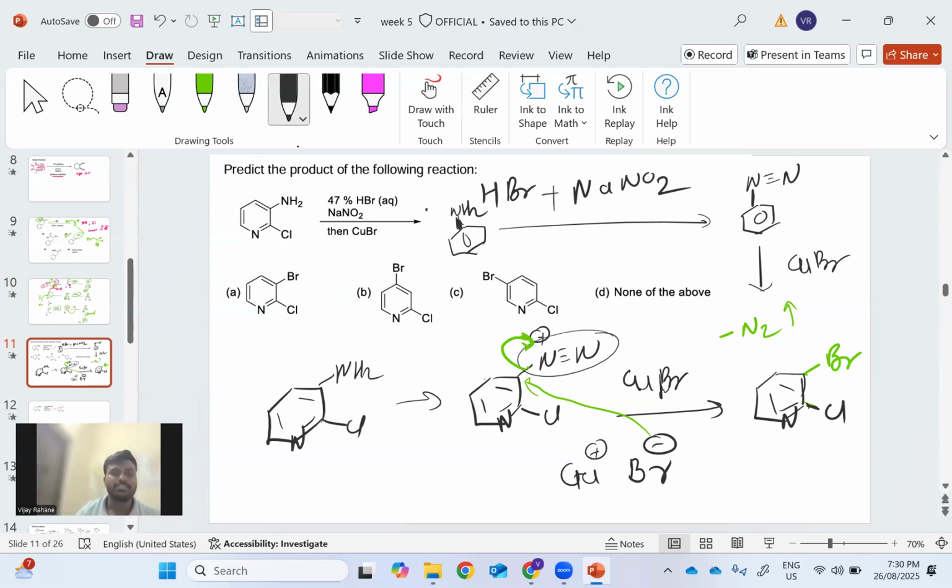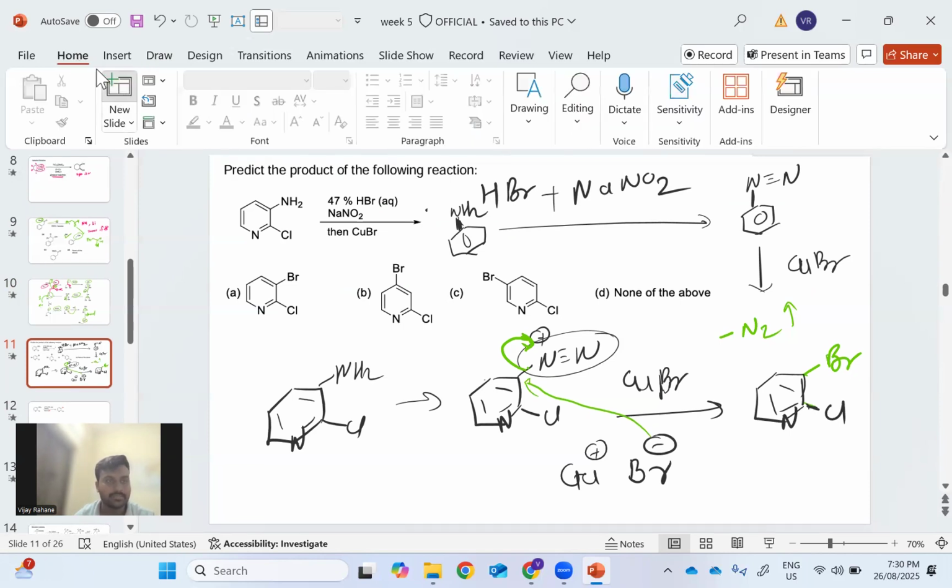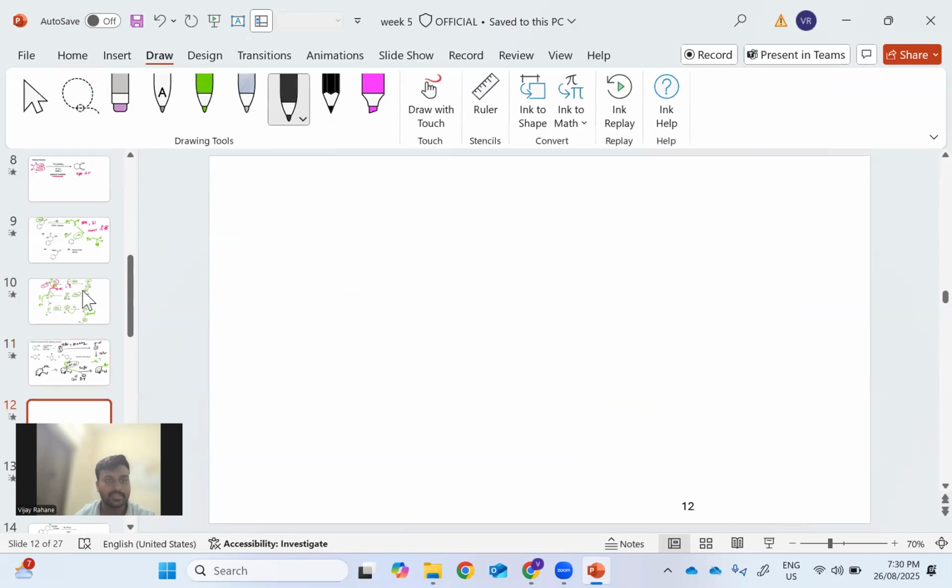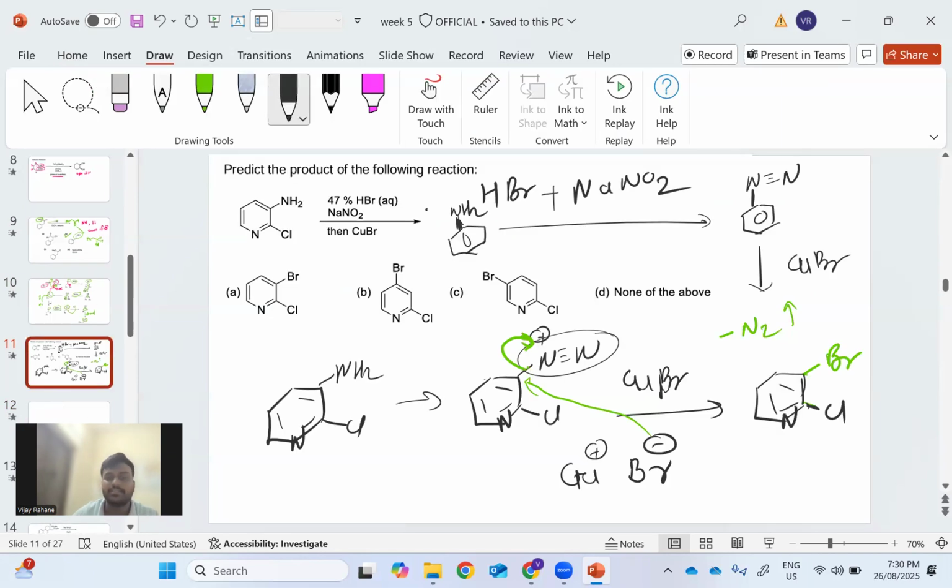So whenever you see the reagent, you should be able to understand what the reaction will be. In this case, we have seen two different reactions. The first one is the formation of N2 from the NH2. The reagent used for this conversion is HBr plus NaNO2.